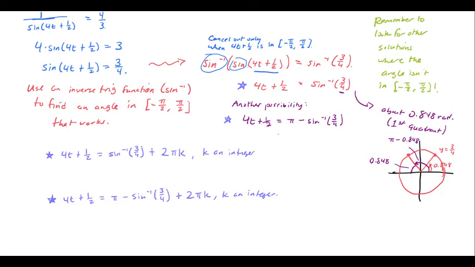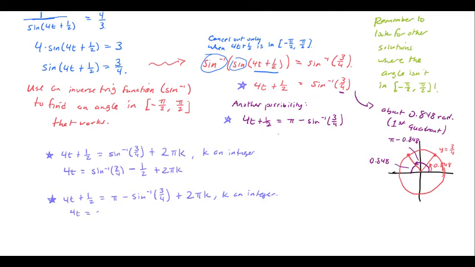At this point, it looks really gross, but remember, we're just trying to solve for t here. So what we're doing is just a little bit of algebra. 4t is equal to sine inverse of 3/4 plus 2 pi k minus 1/2. Actually, I'm going to rewrite that a little bit. There's nothing wrong with what I just did, but I kind of like having this minus 1/2 here, and then this 2 pi k bit at the end.